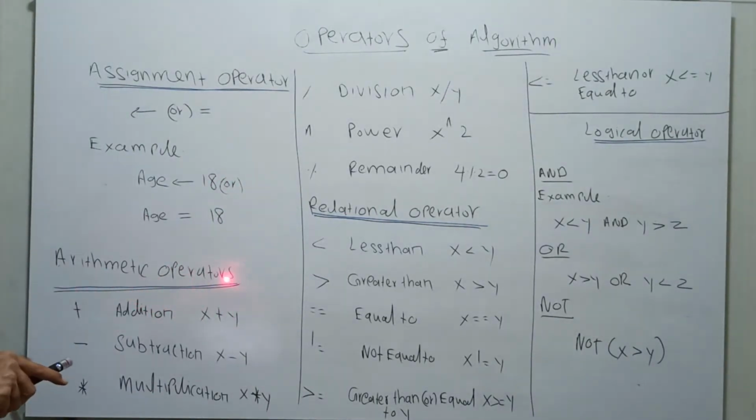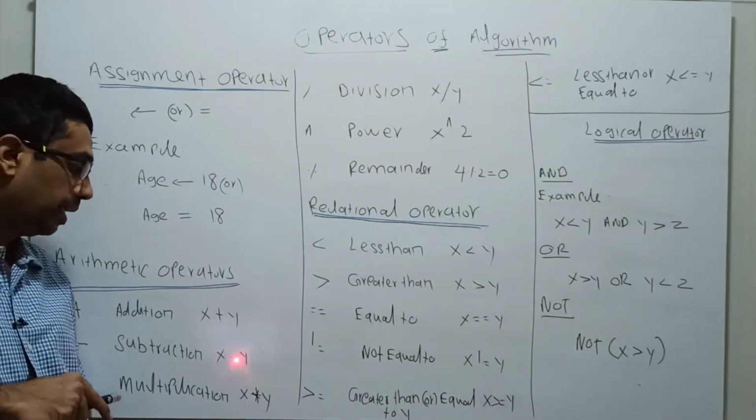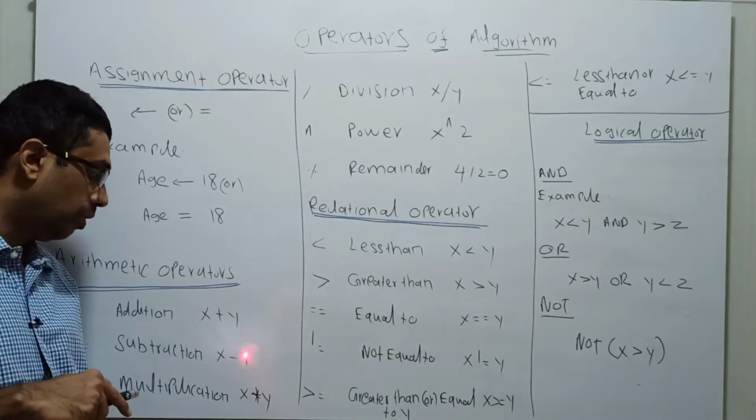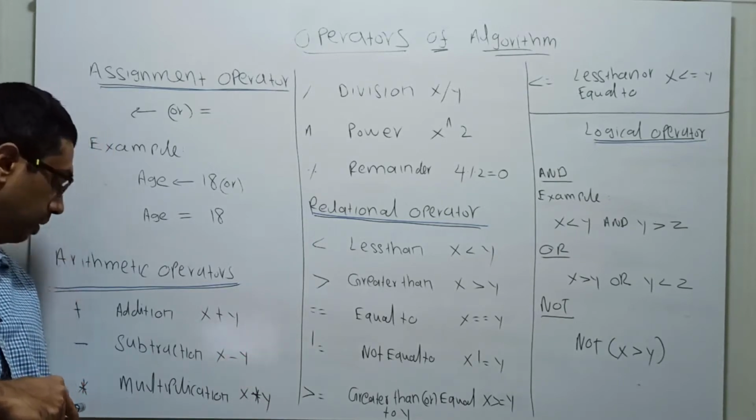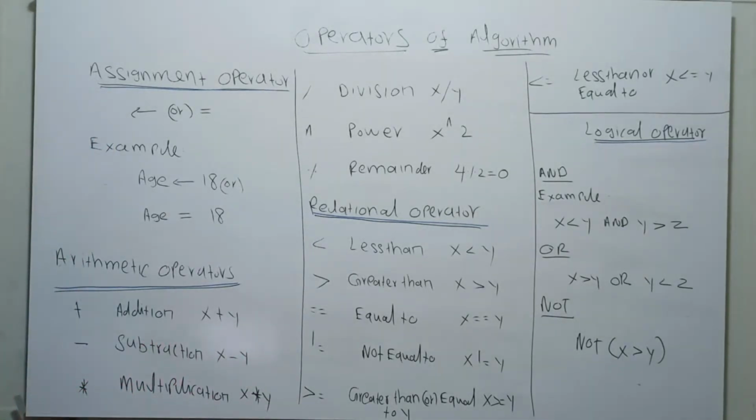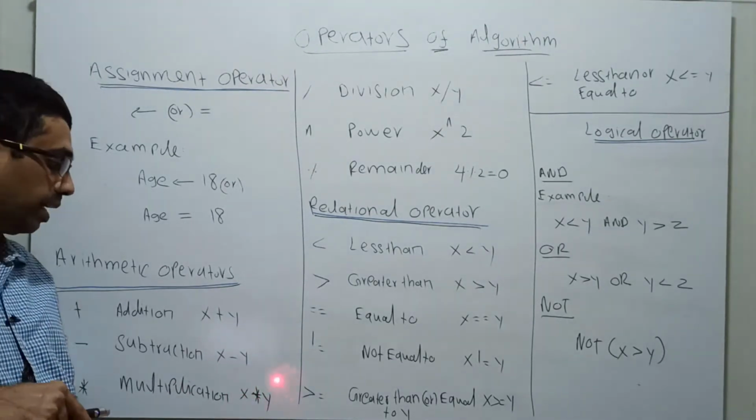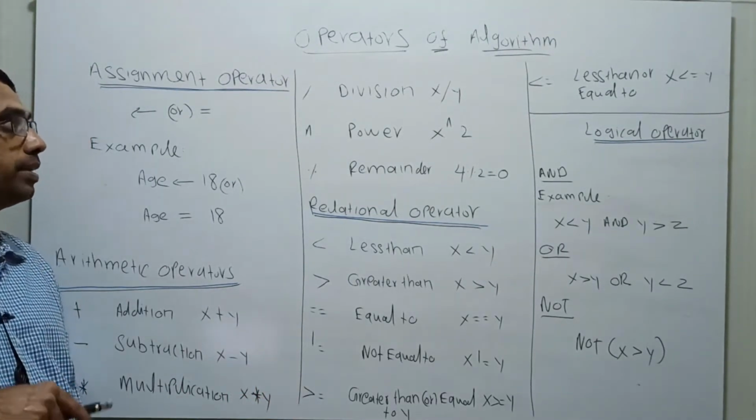Next, the arithmetic operators. Plus stands for addition: x plus y, where x and y are variables and plus is the arithmetic operator. Then minus, subtraction: x minus y subtracts the value of y from x. Then star stands for multiplication: x star y multiplies the value of x and the value of y.